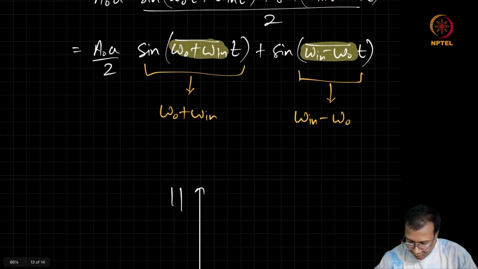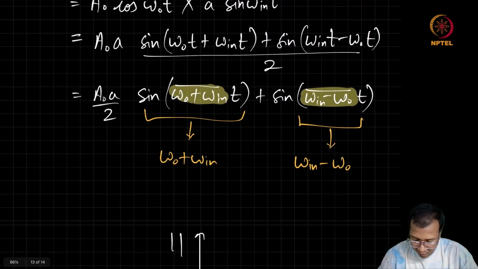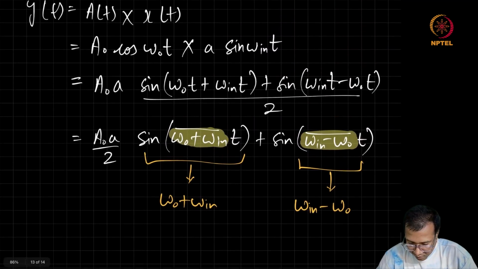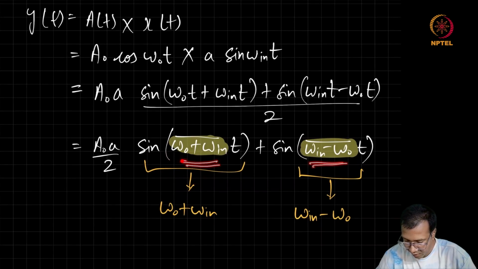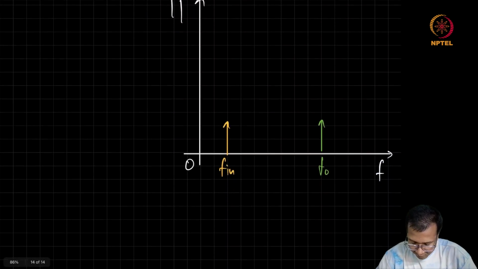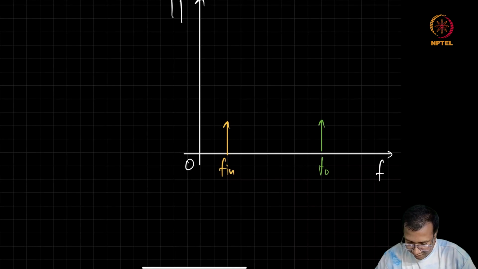Then what we have seen by doing this simple analytical calculation is that we will be getting two signals at frequencies omega naught plus omega in and omega naught minus omega in. So we are looking at the single-sided spectrum, and the way I am showing f naught is much higher than f in.